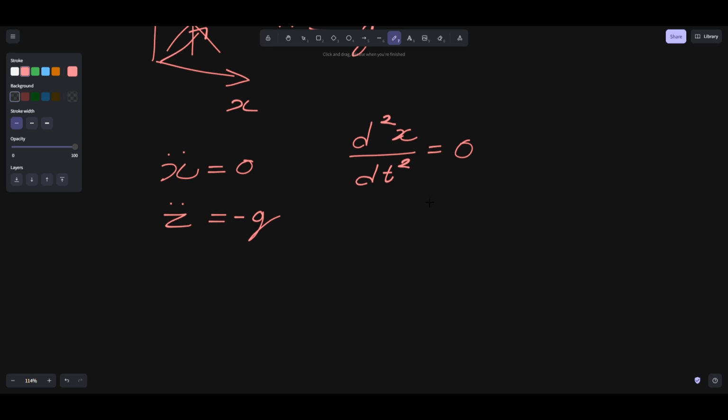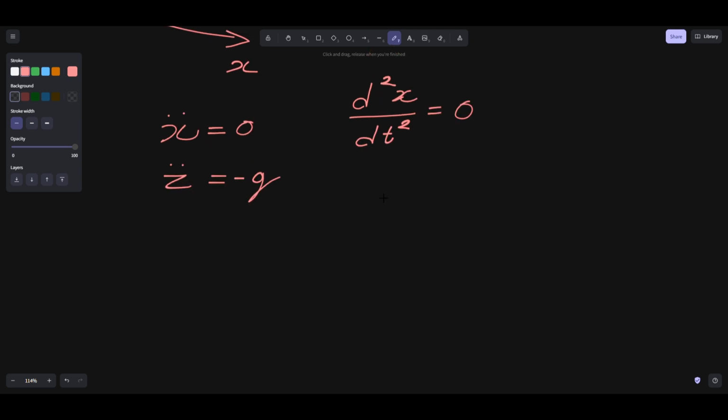And so what we do now is integrate both sides of this. So we take the integral with respect to dt.